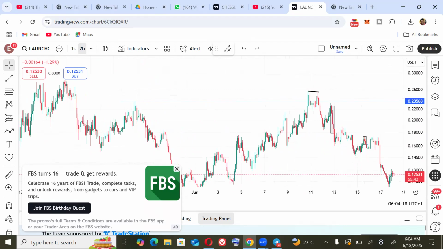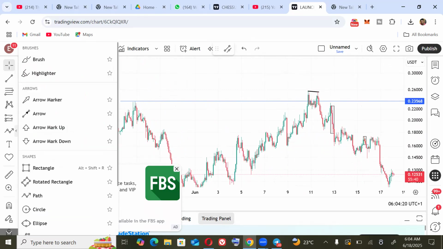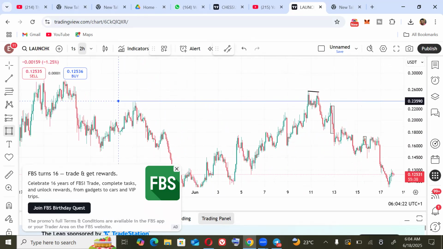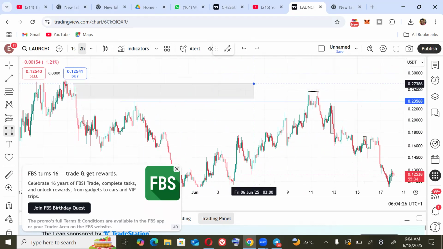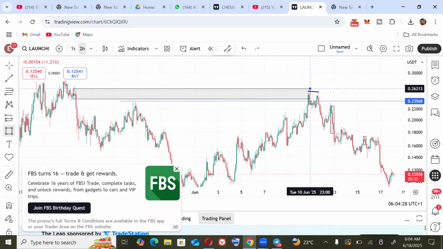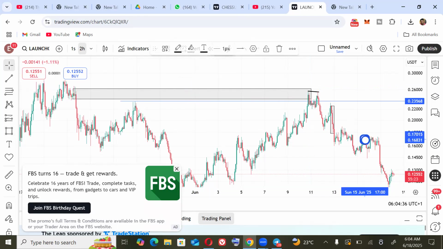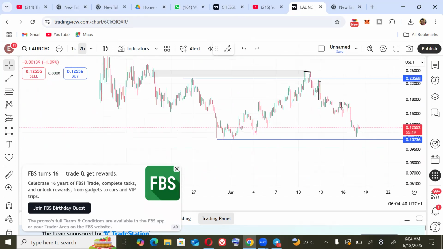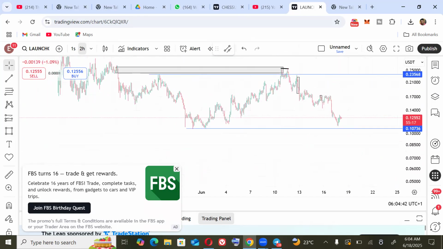And don't forget, price came back to tap into a what? POI. You see it? Price came to tap into a POI, which is also very important. It could be a fair value gap, it could be anything, supply, demand, anything, right? I'm expecting this price to fall to my target.